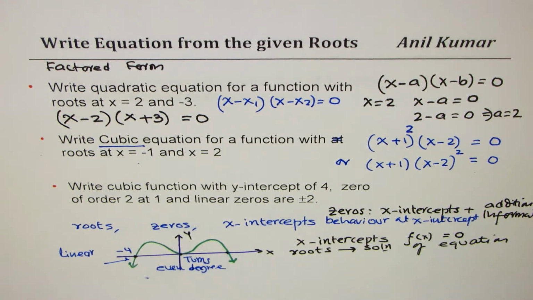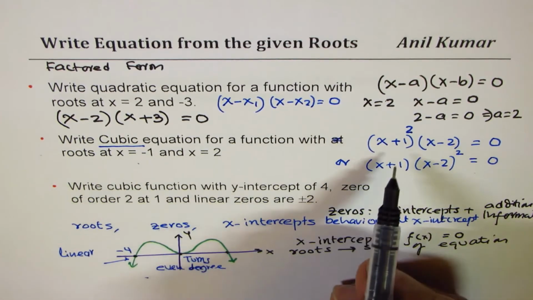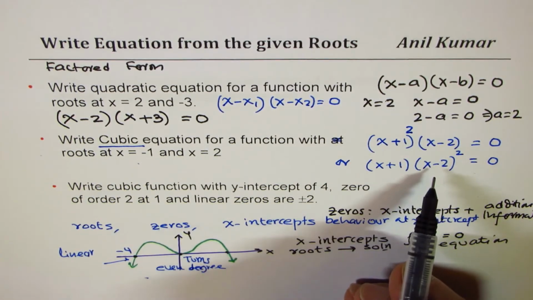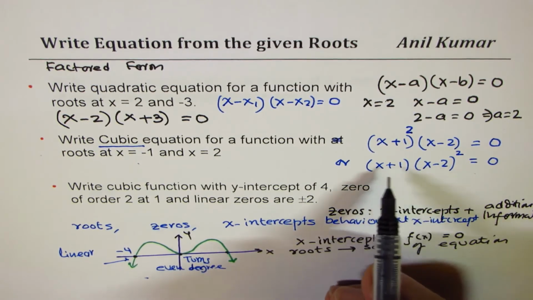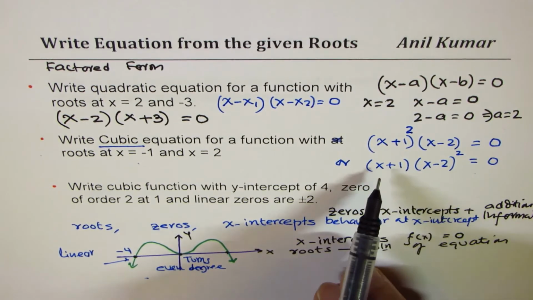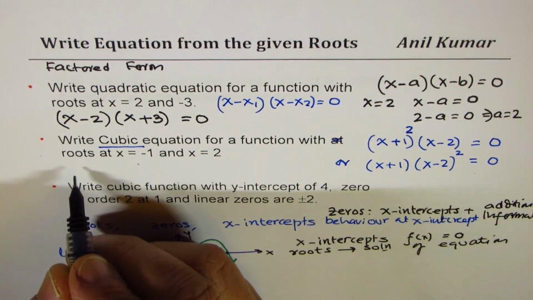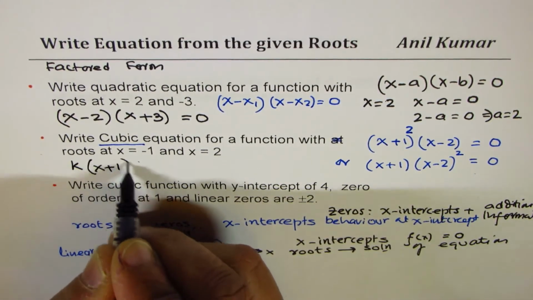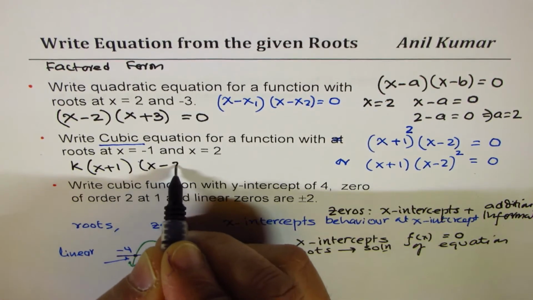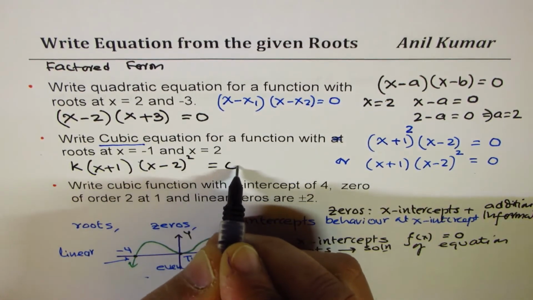Now, whenever we are only given roots, whatever equations we write are not the only equations. We actually get a family of equations. So I could have written this solution as any number k times x plus 1 times x minus 2 whole square equals 0.